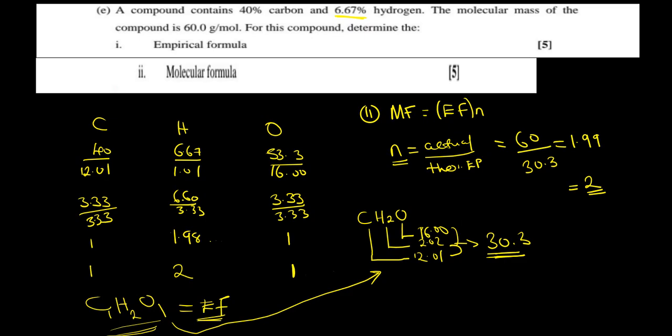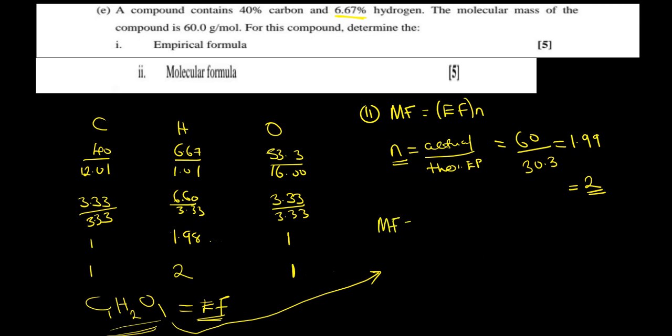All right, very easy. Since we now know that our n is 2, we continue by saying the molecular formula is equal to the empirical formula multiplied by n. The n is 2. Our empirical formula is CH2, so you multiply times 2.